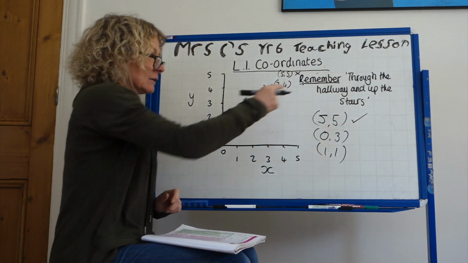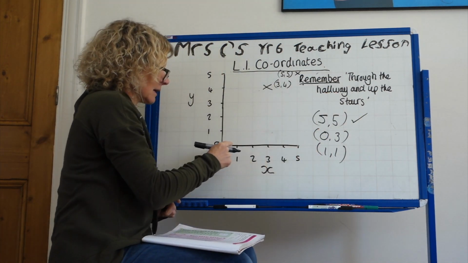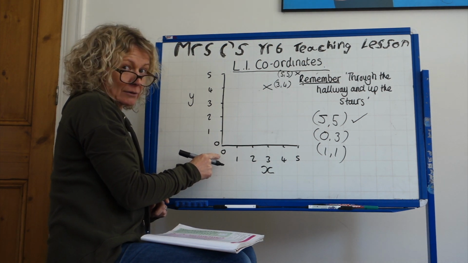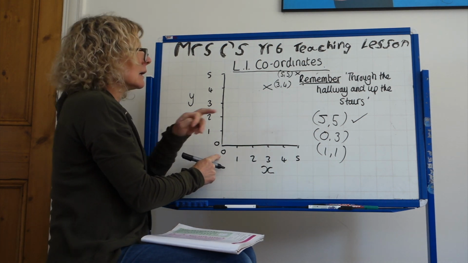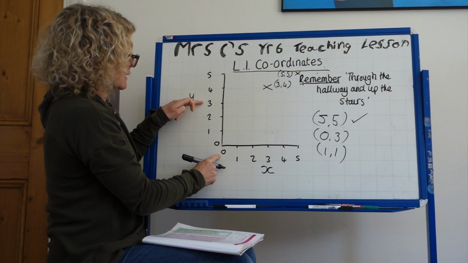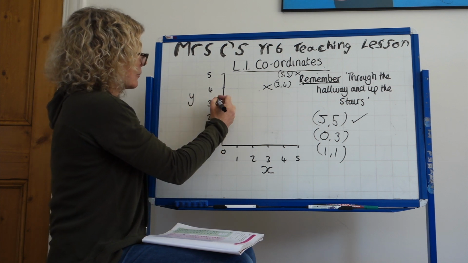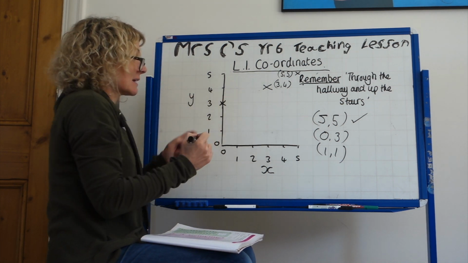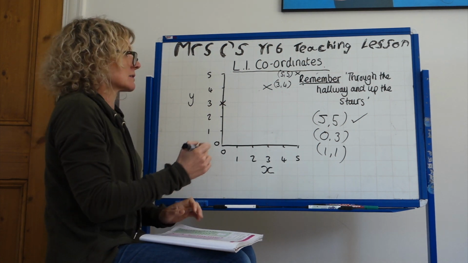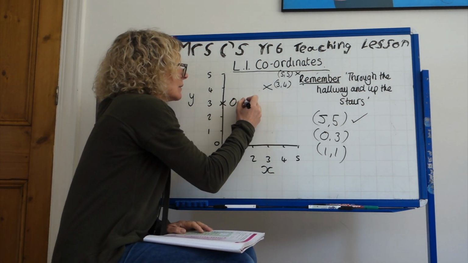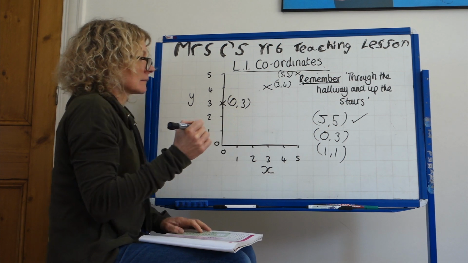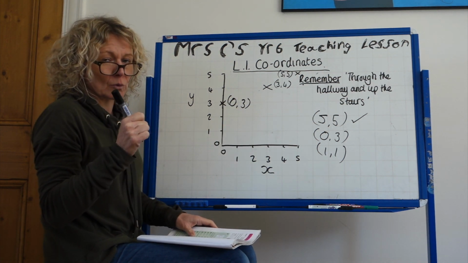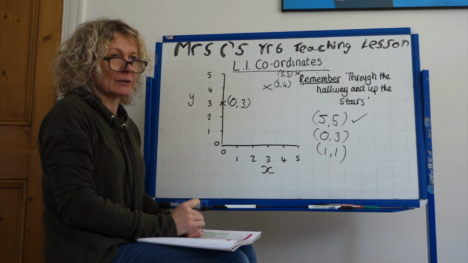0, 3. Through the hall and up the stairs, X, 0, this is a tricky one, and 3 on the Y. So we go actually up the line of the Y axis, and that is the correct coordinate. So that's 0, 3. And the last one is 1, 1. You have a go.